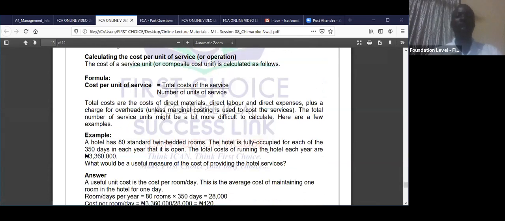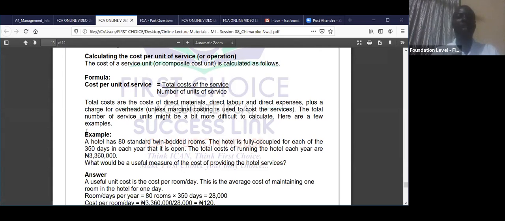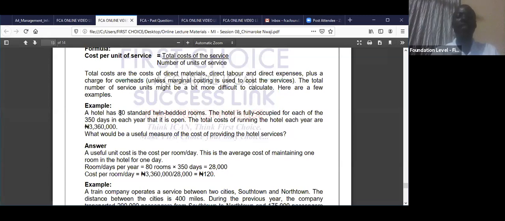Now, let's look at calculating the cost per unit of services or operations. Look at the formula here. The cost per unit of a service is the total cost of the service divided by the total number of units of service. So let's look at an example here. Example says a hotel has 80 standard twin-bedded rooms.